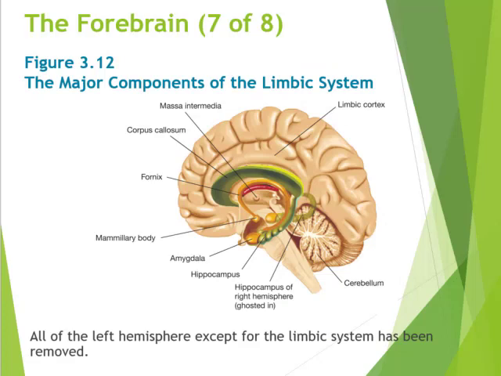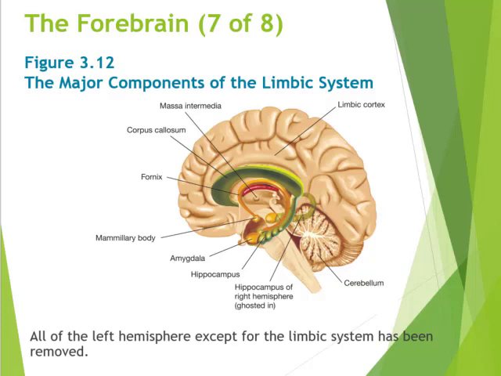In this mid-sagittal view that's slightly rotated, you can see highlighted the limbic system, which is really important for emotion, as well as learning. So the limbic system is located around the edge of the cerebral hemispheres, the middle edge of the cerebral hemispheres.